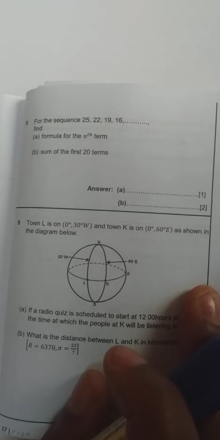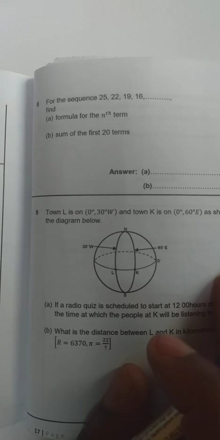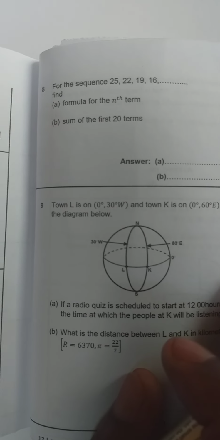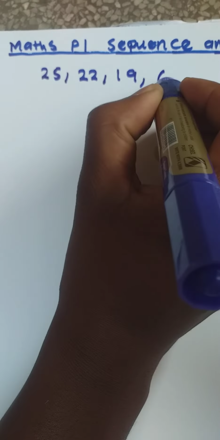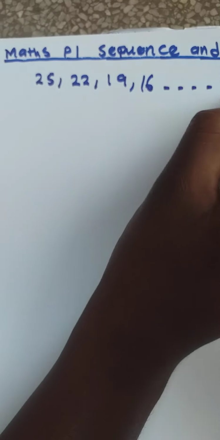So our first question, which is for 2017 on sequence and series, is this one. We have a sequence: 25, 22, 19, 16.